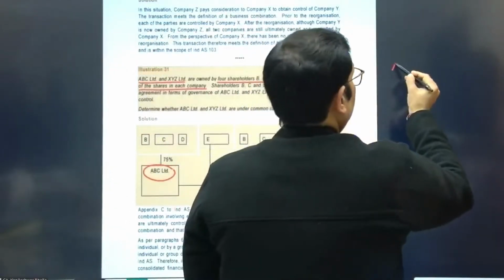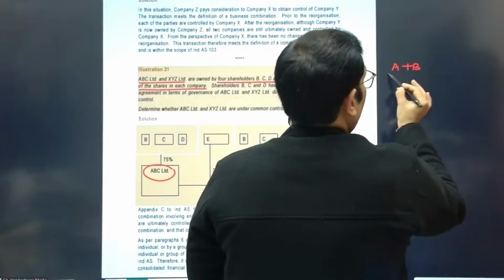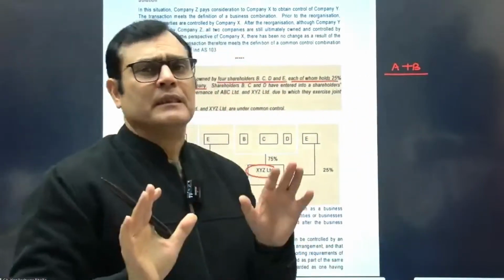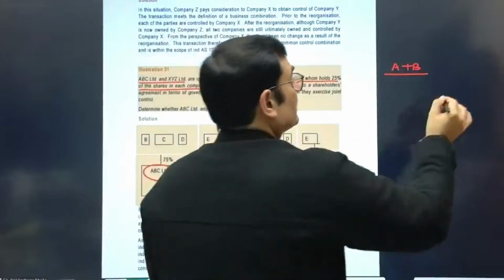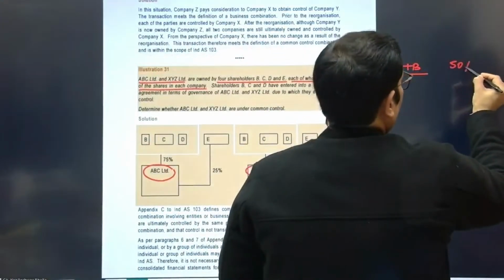But for a control, you just need more than 50% stake. Now, in this particular case, if you consider, let's say A plus B, or any other combination, A plus C or A plus D, whatever, it works out at 50%.